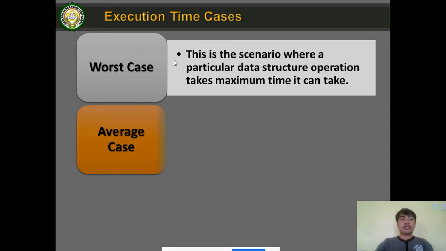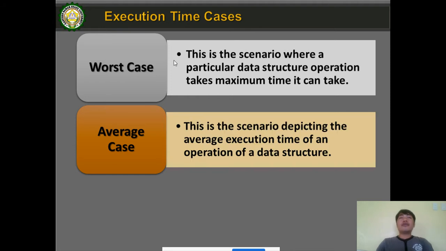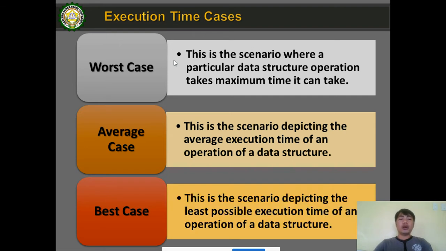Another is average case. When you say average case, that is the average execution of the operation. Pinakanakan ba niya? Middle na iya. Then, another is the best case. When you say best case, that is the scenario nga pinaka-least, pinakaguti ay, pinakamadagmit nga pag-operate iton nga data structure.